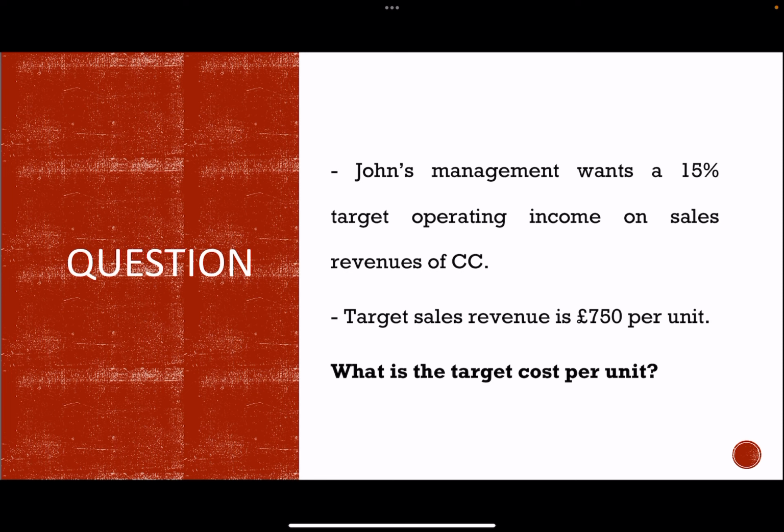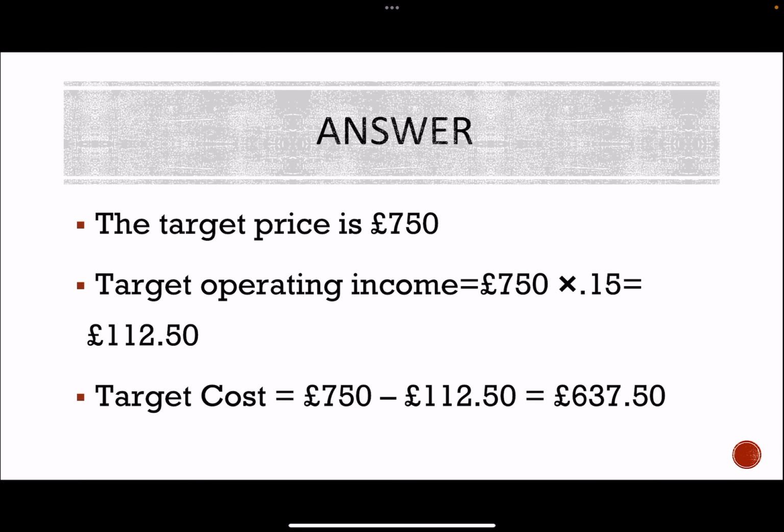Okay, brilliant. So Group A and Group B, many thanks for your answers. It's really perfect. So what happened here? We have a target price, an estimated price, which is 750, and the company asks you as a management accountant to generate a profit of 112.5.